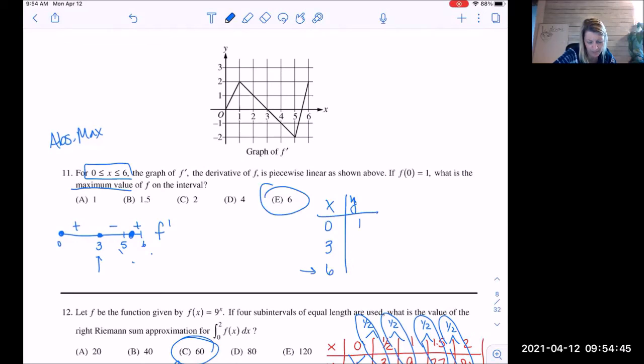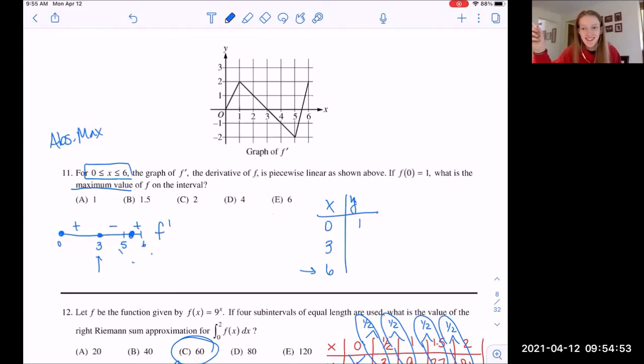Yeah, but how am I getting them? That's actually not the answer. I just like counted, basically. Because like it starts at 1, 0, 1, and then it goes up 2, and then goes up 1, doesn't go up at all, goes down 1, goes down 2, and then goes up 2.